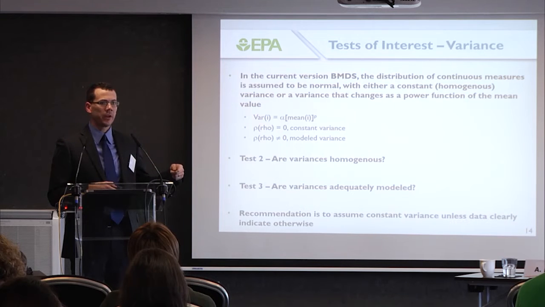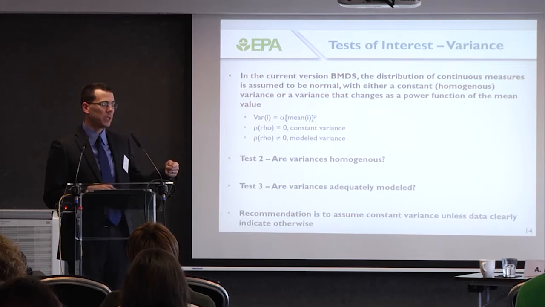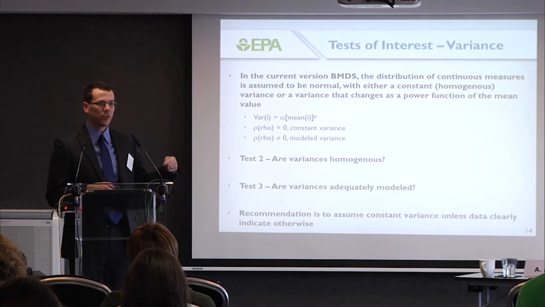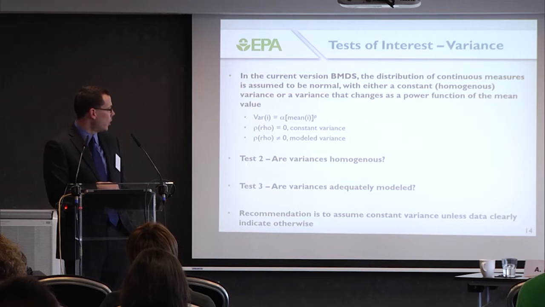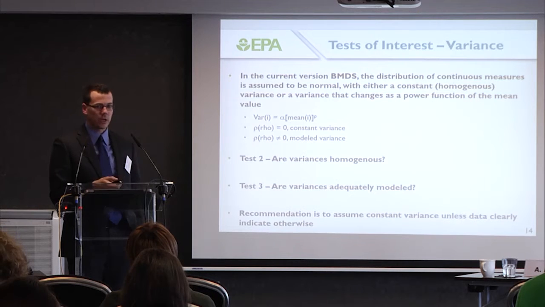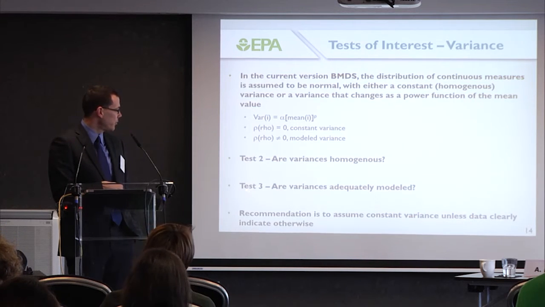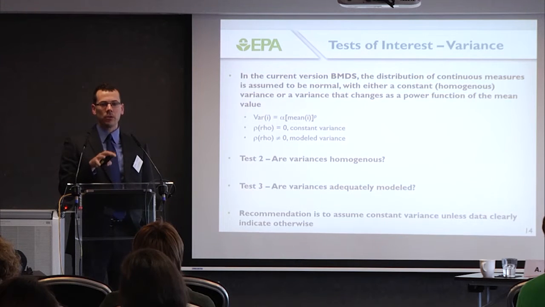How you model the variance influences the calculation of the BMDL, so the user needs to be able to answer the question whether or not they modeled the data correctly. So all test 2 tells you is whether or not the variances are homogeneous or constant. Test 3 tells you, as the user, did you handle the data well?